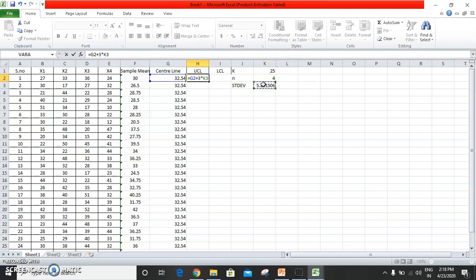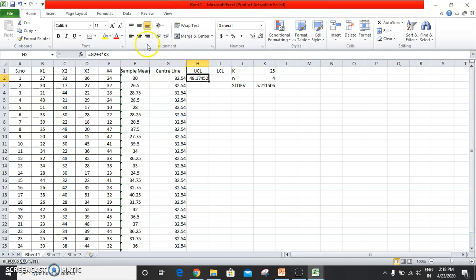With the help of this formula we will be able to find the upper control limit, the value that tells us the upper limit for this set of values.